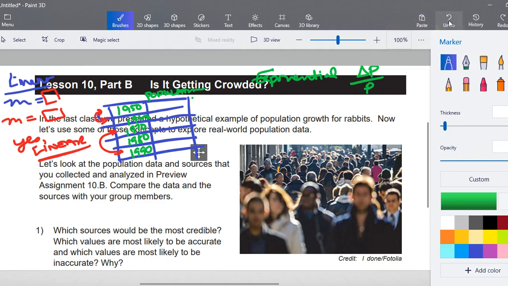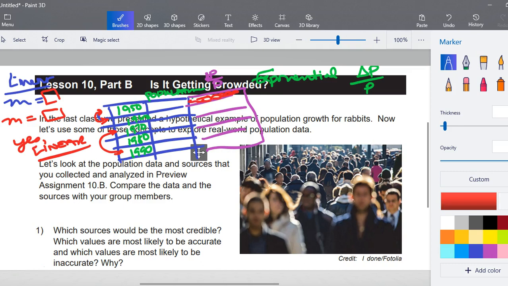Let me undo these and give me a space over here. When we're calculating this change in the population, this delta P over P, we would not be able to calculate it for just the first line.